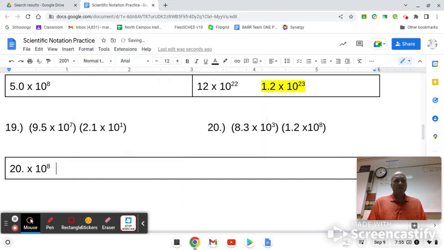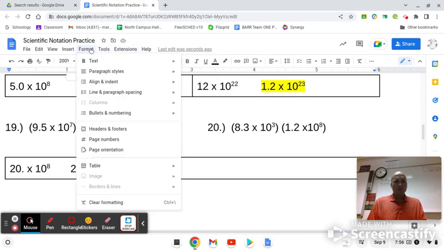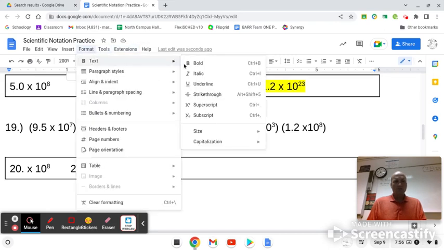All right, once again, this answer is not quite right because this 20 is too big. It's got to be between 1 and 10. So I move that decimal 1 to the left. It's going to give me 2.0 times 10 to the, and then I got to change the exponent, go up 1 because I went to the left.